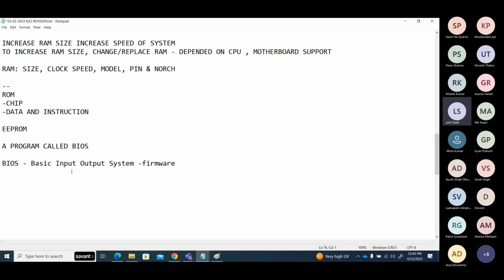It contains instructions and data as a program that is called firmware. What is the use of firmware?